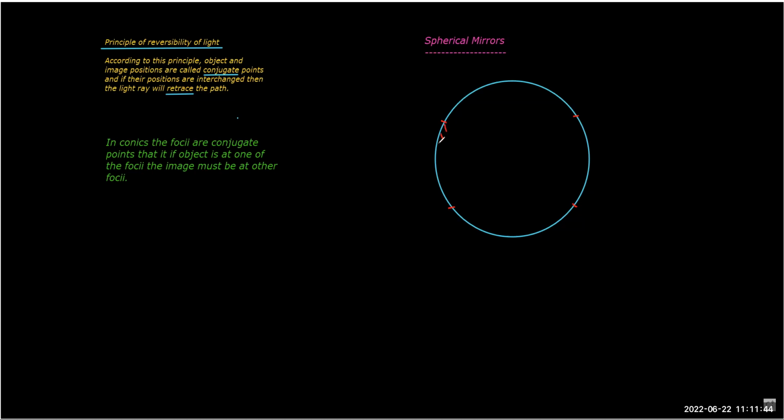If you polish the inner surface like this, then the outer becomes the reflecting surface. And if you polish the outer surface, then the inner becomes the reflecting surface.